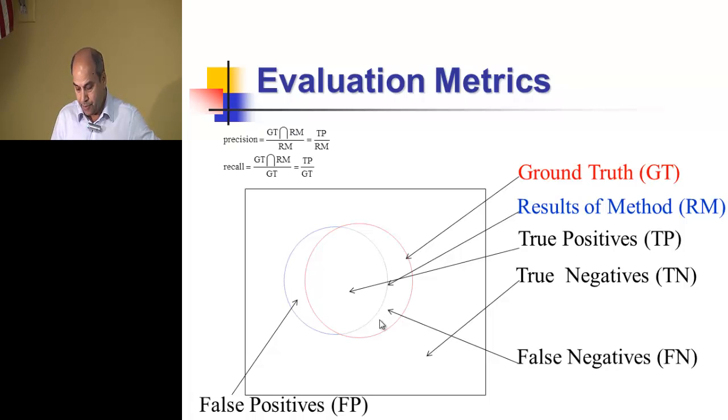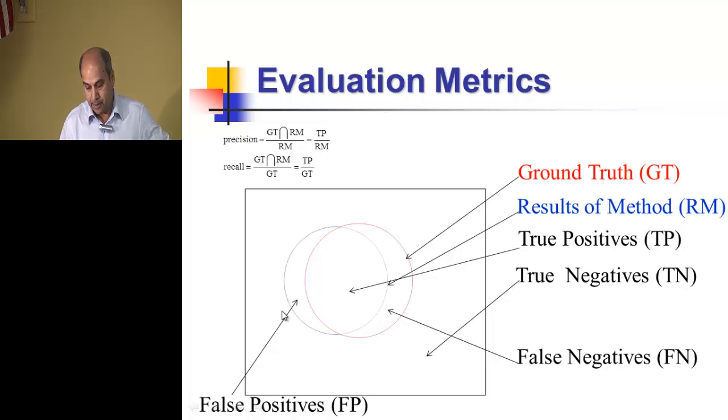Okay, so using these definitions, now we want to come up with what is called precision. Precision is the intersection between the ground truth and your algorithm's result, divided by your blue circle, which is the output of your algorithm.